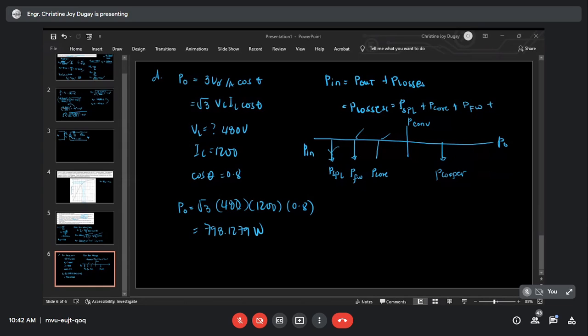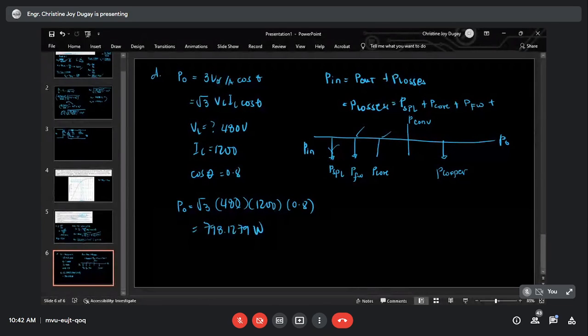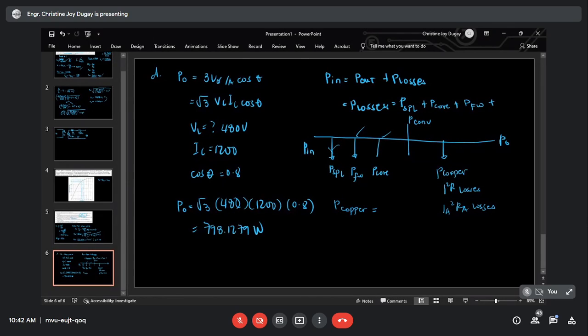Okay, ang tanong, paano natin makukuha ang copper losses? That is the I squared R losses, or the IA squared RA losses. So, P copper natin is equal to, anong value ng IA natin?